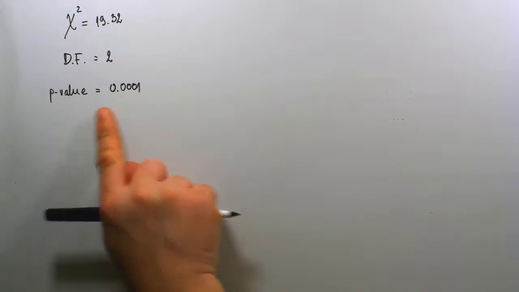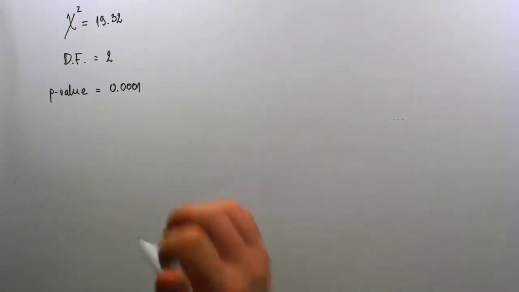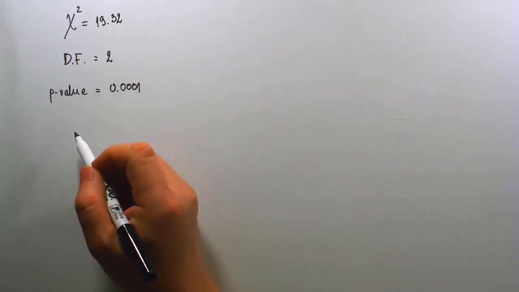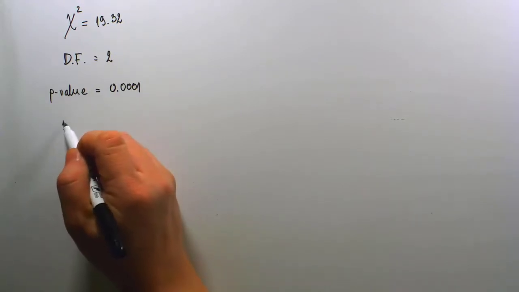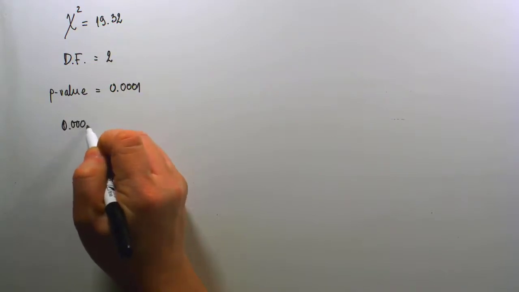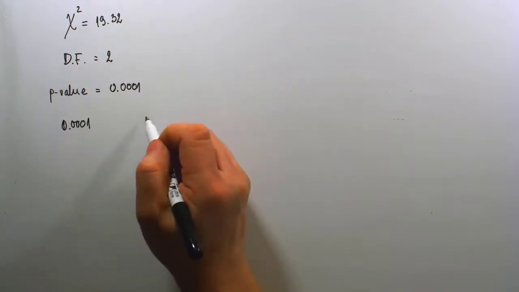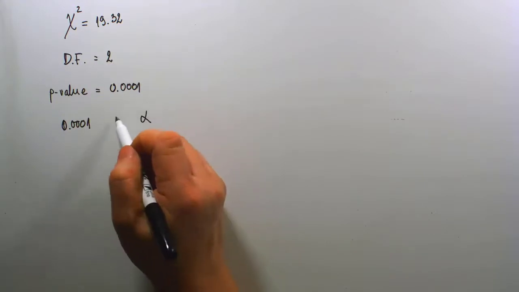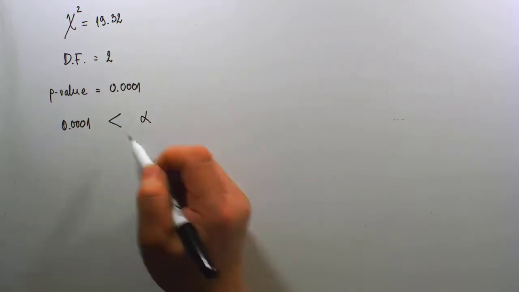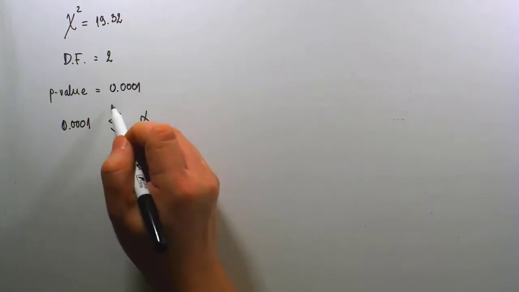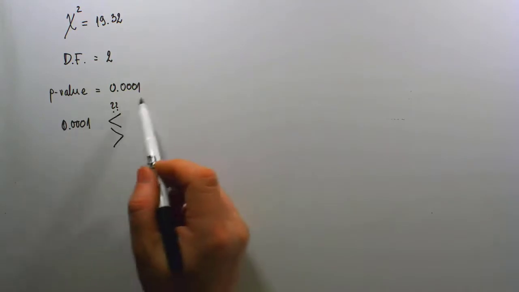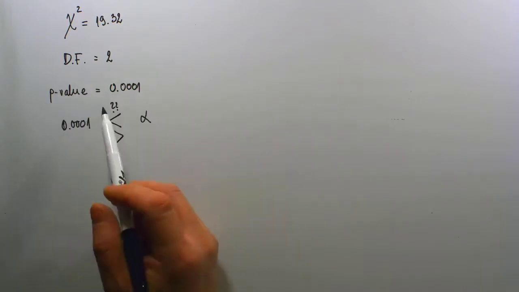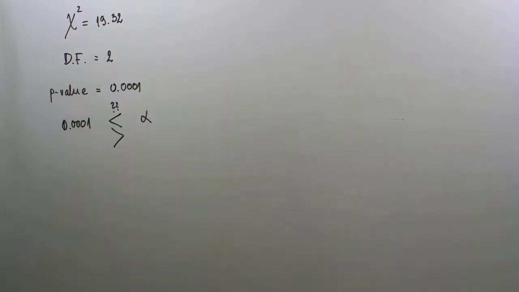Now that we have our final p-value, then just like any other hypothesis testing problem we have done prior to this point, the final p-value 0.0001 will be compared with the significance level to find out whether our p-value falls below the significance level or is greater than it. That's what we want to know. All of these are the steps that are taken after calculating the chi-square value in testing our hypothesis about independence.